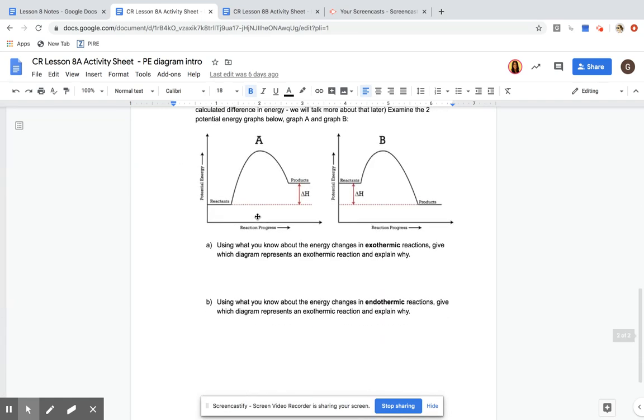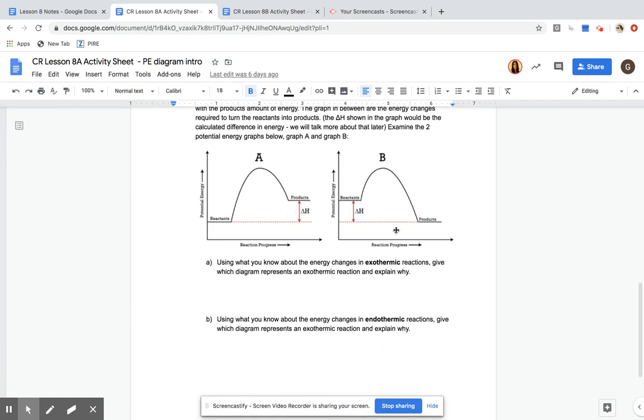And then for this, I think that was pretty straightforward. But here we can see which one's winning, right? So reactants have some amount of energy versus the products. So if the products have more energy than the reactants, does that mean that the energy went into the reaction or came out of the reaction?